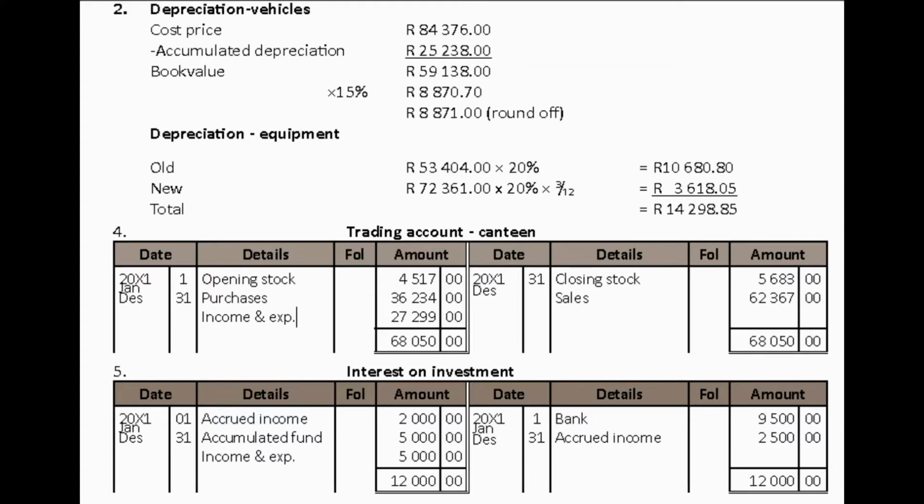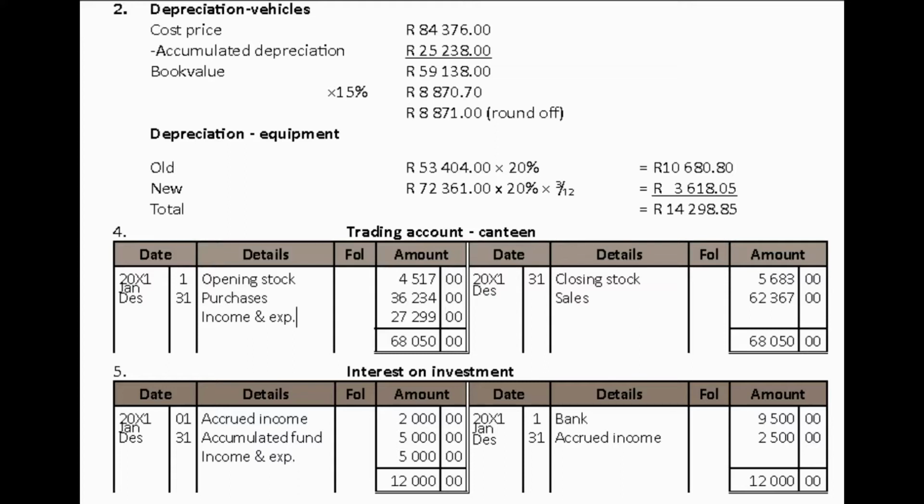Okay, I'll just show you the calculation for the depreciation. It says depreciation is calculated on equipment at 20% on the cost price, on vehicles at 15% on the diminished balance. And you've got to round off to the nearest rand. So let's start with vehicles. Cost price 84,376. The accumulated depreciation on that was 25,238. So the book value, or the carrying value, at the beginning of the year was 59,138.